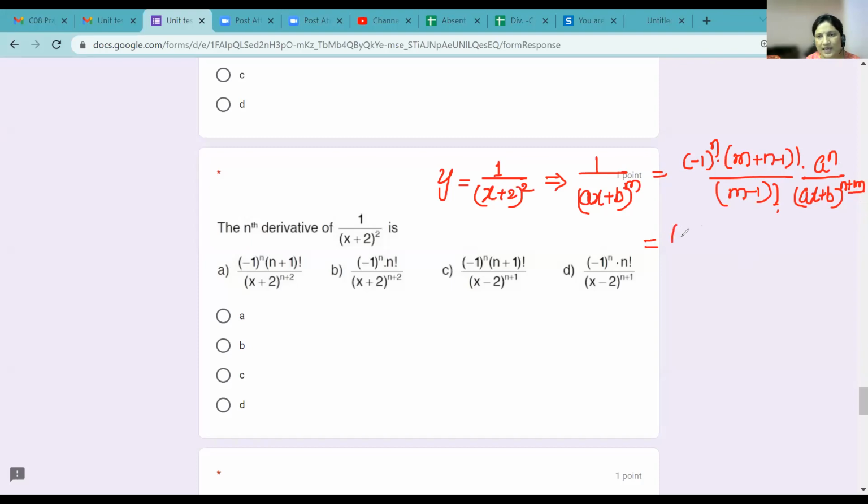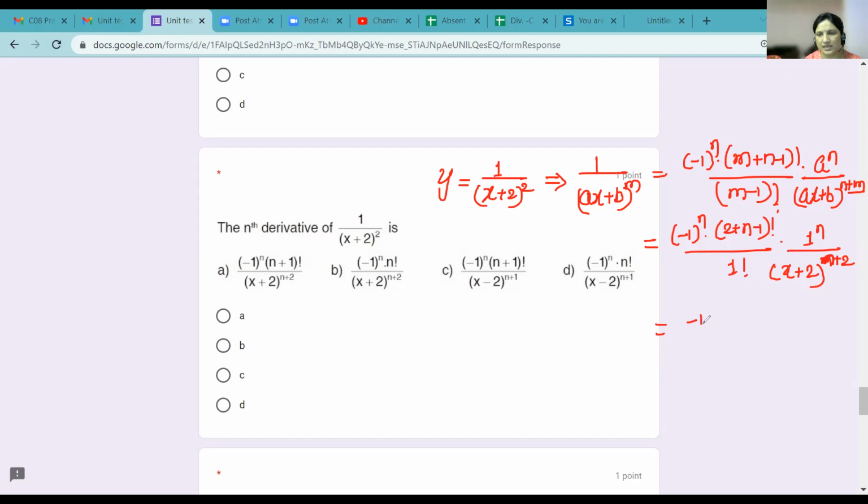Okay. So minus 1 raised to n into (2 plus n minus 1) factorial divided by (m minus 1) factorial, that is 2 minus 1, that is 1 factorial, into 1 raised to n divided by (x plus 2) raised to m plus n, m is 2, so n plus 2.